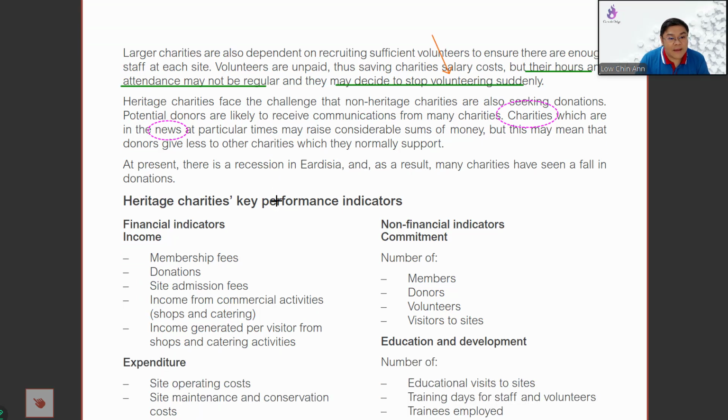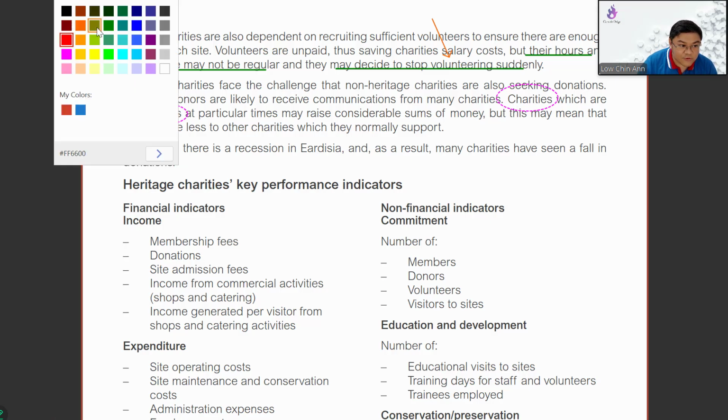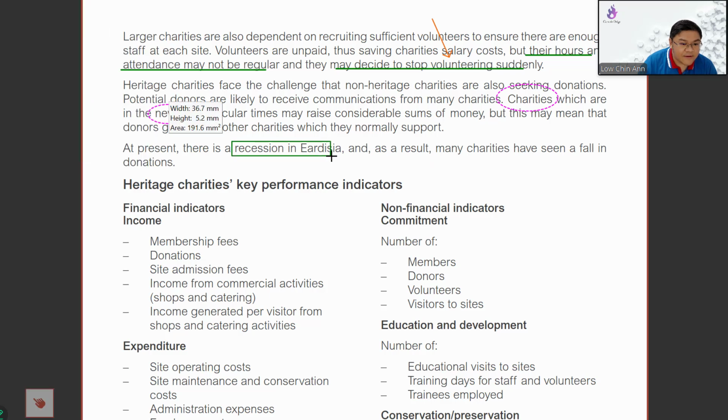If you are able to get the limelight in social media in the way that you promote, I think it gives you a better advantage, right? Okay, now at present there is a recession, so you do have a very negative external environment where things are not doing well.